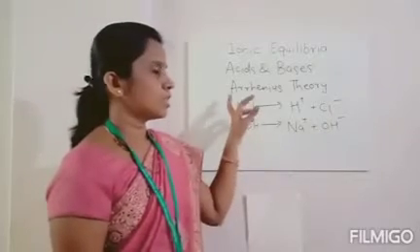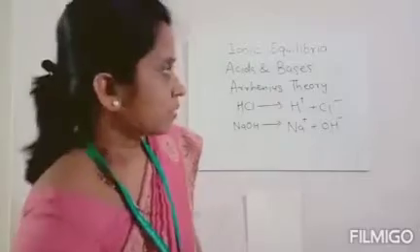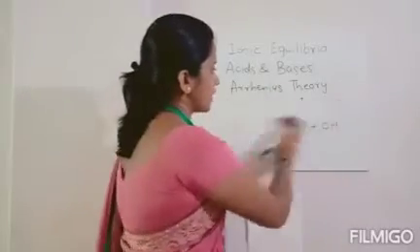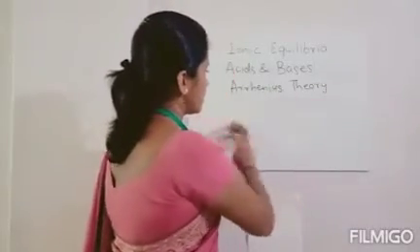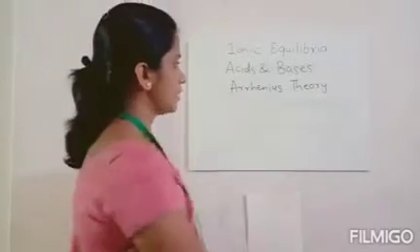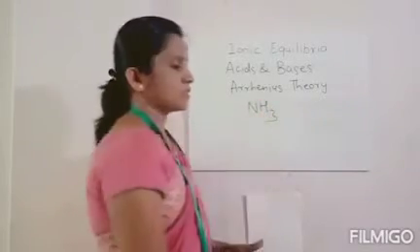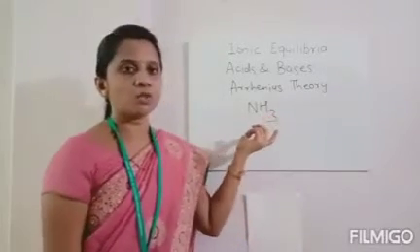Now there is one exception for this Arrhenius theory. What is the exception for that? That is, this theory could not explain the basicity of substances like ammonia.